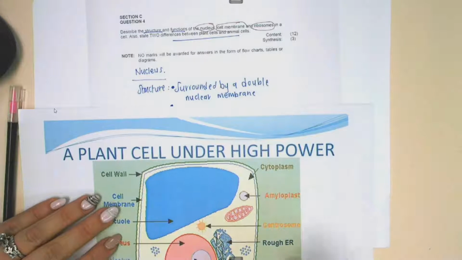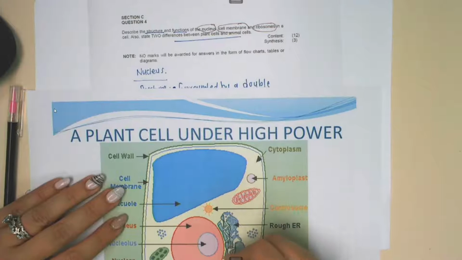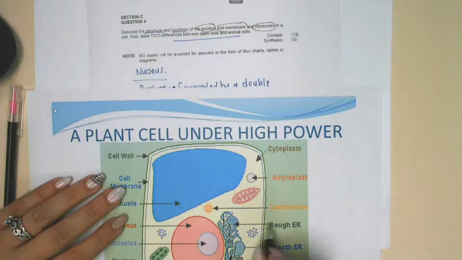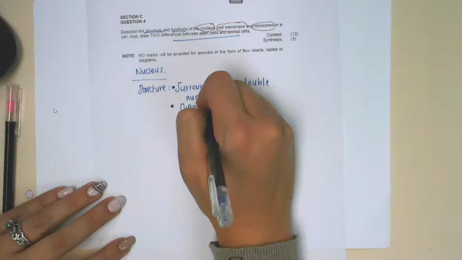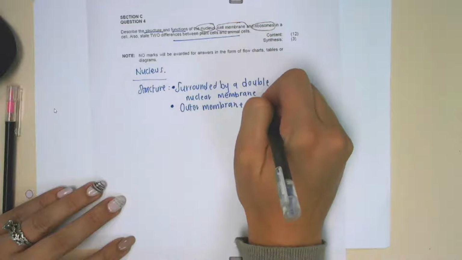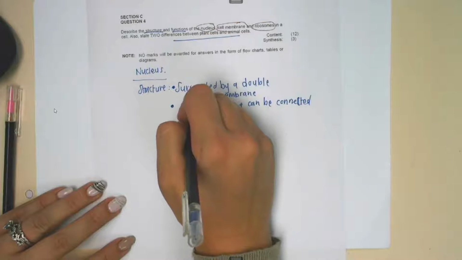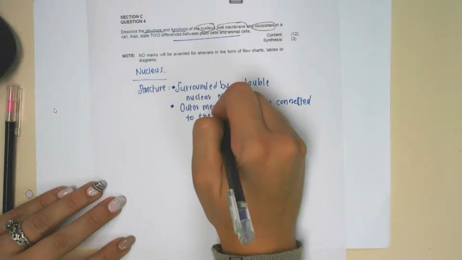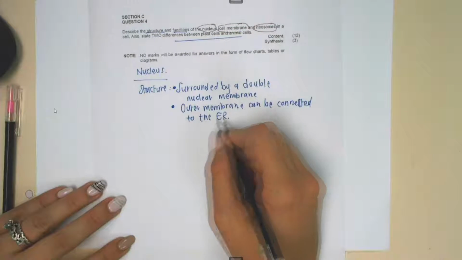Getting back to our picture, you can agree that this was our nucleus, and on the outside, connected to it, was our ER. So that is where they state that the outer membrane can be connected to the ER. Please, you can abbreviate the endoplasmic reticulum as ER.